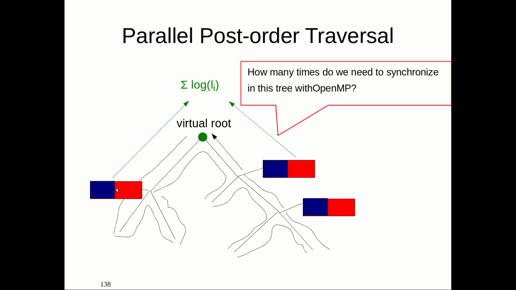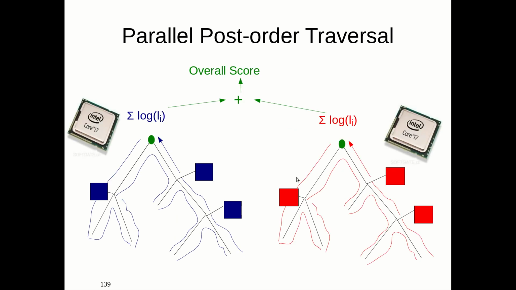In the simple OpenMP code I showed you on the previous slides, we need to synchronize 1, 2, 3 times, after each conditional likelihood vector update. But this is actually not necessary. What we can do is have each thread traverse a copy of the tree topology completely independently.